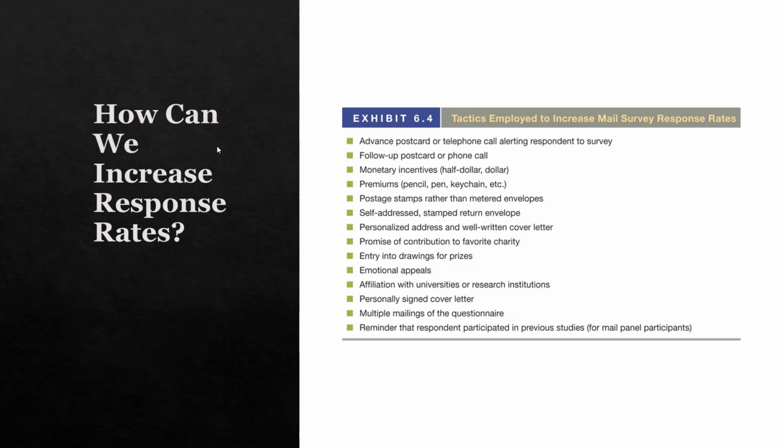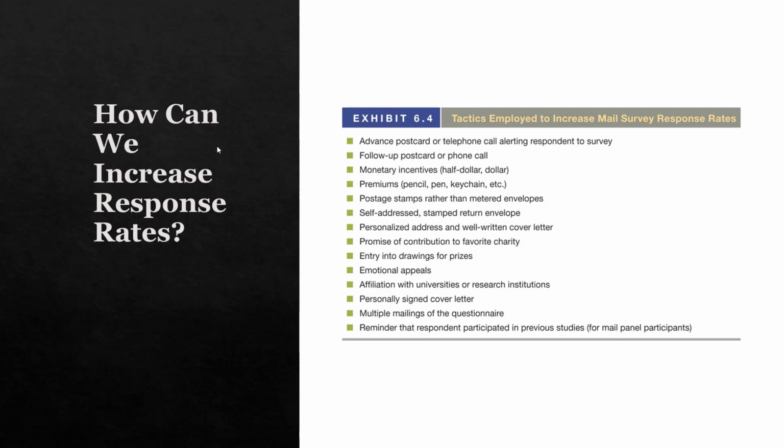Number two, you have a follow-up. If they don't respond by a certain number of days, usually 10 to 15 days, two weeks with no response, you make a phone call or send a postcard. The next type is incentives, the monetary incentive, half a dollar, sometimes just a dollar.